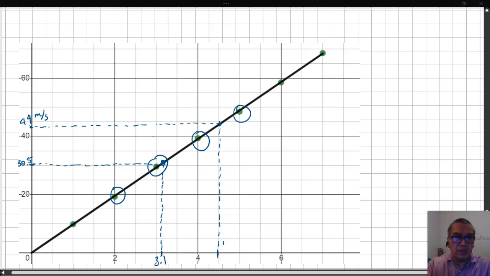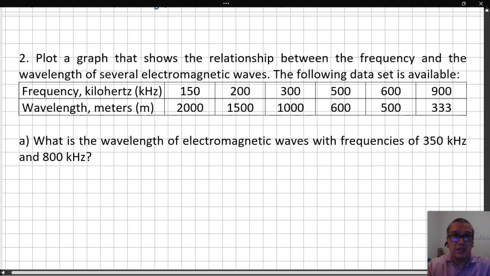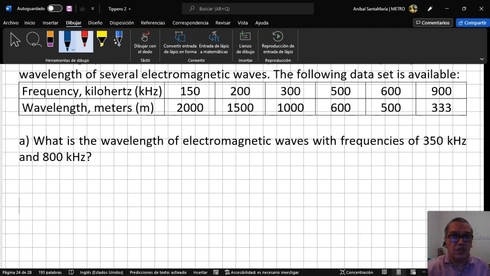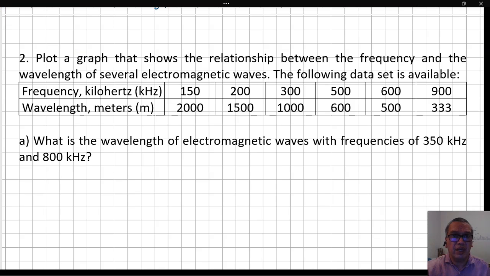Let's look at another example of a graph that comes out of a different data set. In this case, we are comparing the frequency of an electromagnetic wave with the wavelength that it shows.